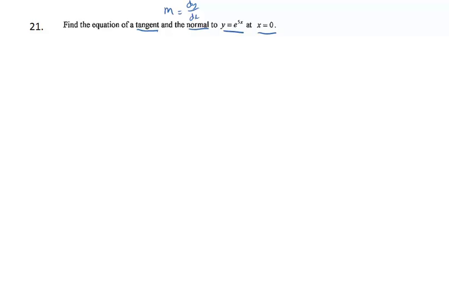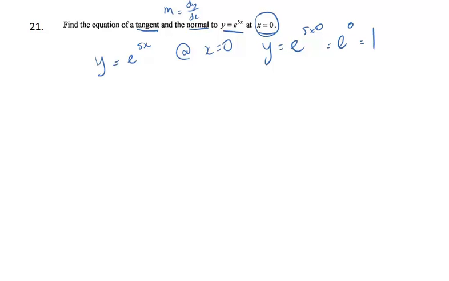So first of all, we've got y is equal to e to the power of 5x. If we substitute in x is equal to 0, then y is equal to e to the 5 times 0, which is e to the power of 0. Anything to the power of 0 is equal to 1. So when x is 0, y is 1.